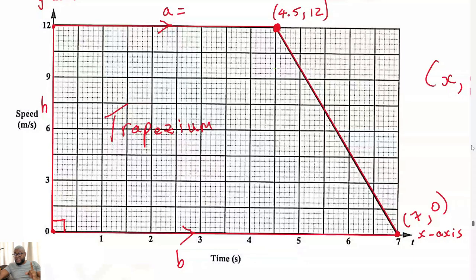What does the x-axis start at? It would be 0 to 4.5. Excellent. So it'll just be 4.5. We're looking at B now. What is the length of B? From 0 to 7. So this will be 7. We're looking at the height now. What is the height? So the height is 12. Excellent.